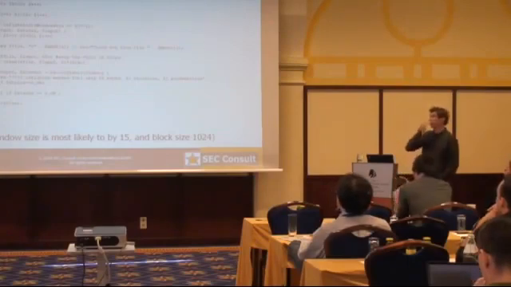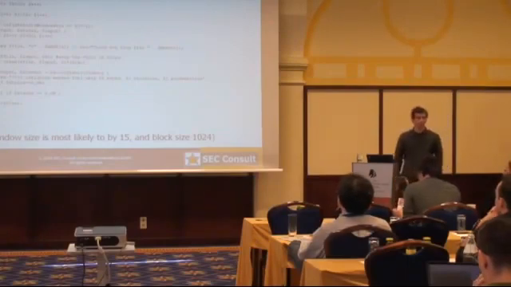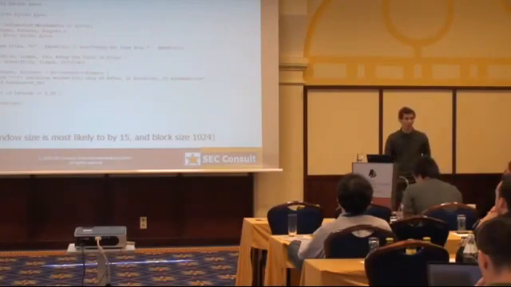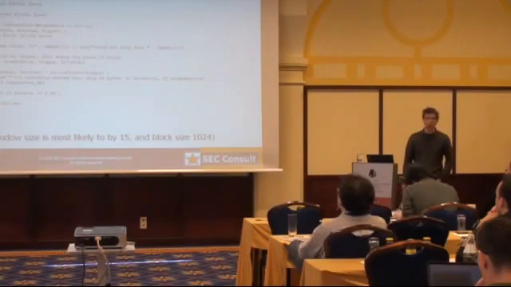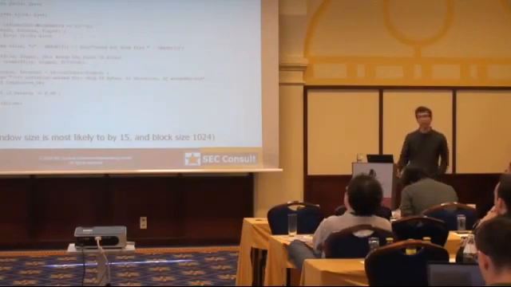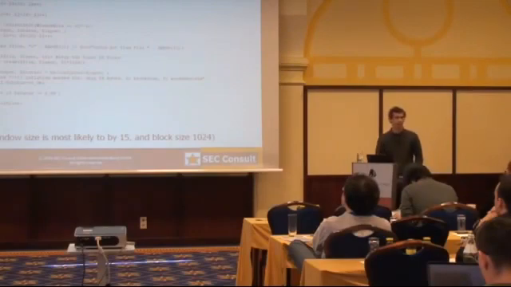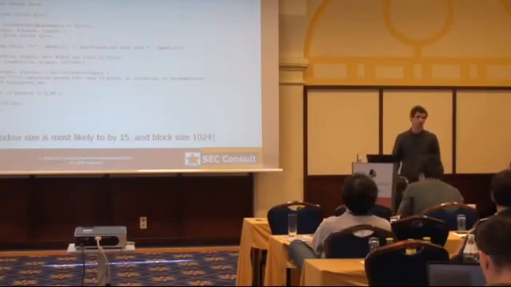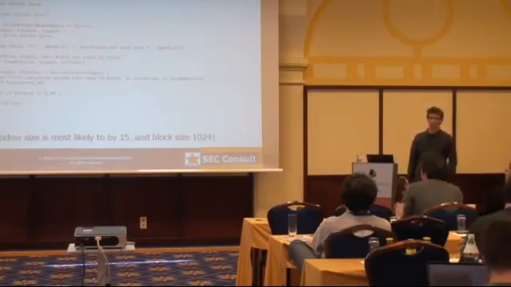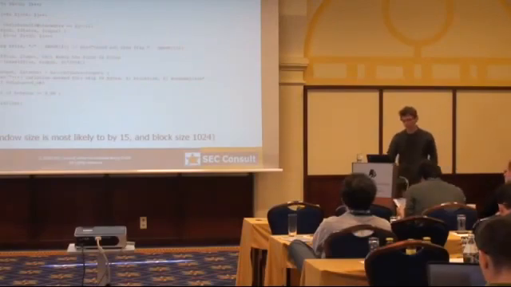This is some really trivial Perl script which does nothing but check different window sizes and different block sizes, and also different offsets. Maybe there is an uncompressed header, so the script skips the first byte, then the second byte, then the third byte, and so on, to find out if anything in the file is compressed with zlib.